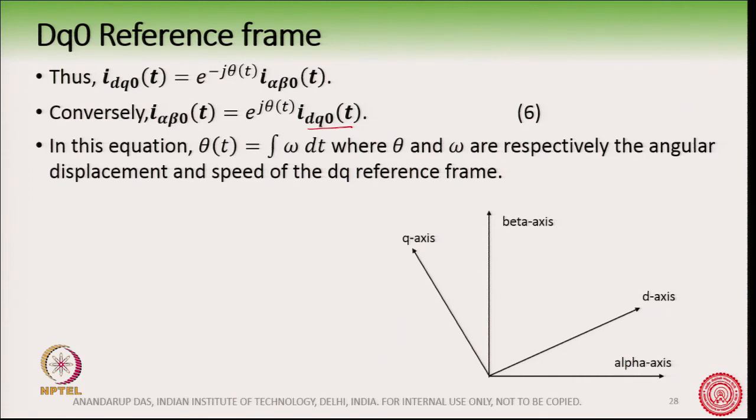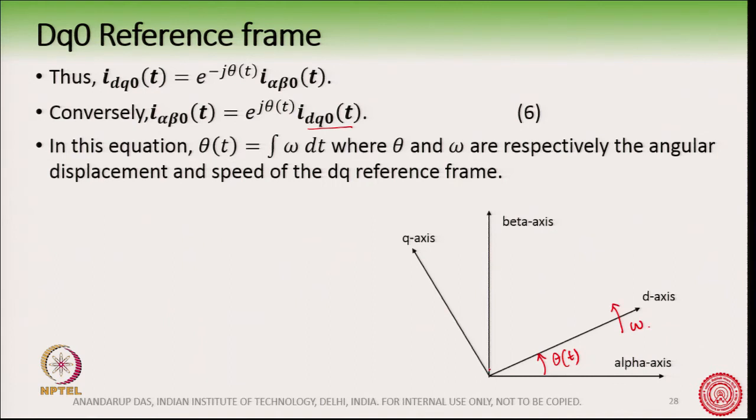So, here what is theta? Theta is this angle here, and d theta by dt is nothing but omega. Omega is the speed at which the d axis is rotating.